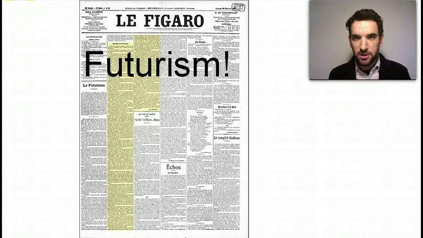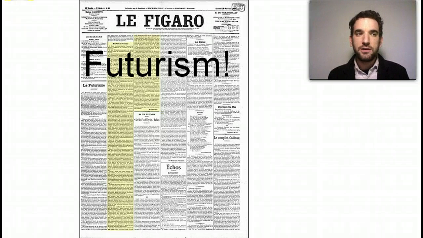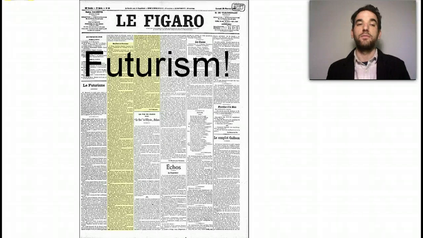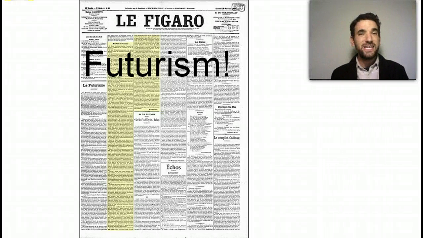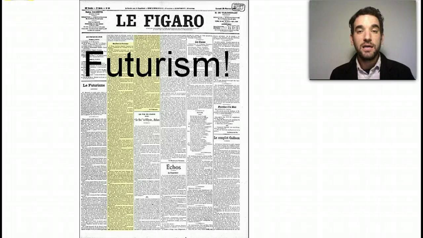And it was such a popular newspaper of the day that when Italian poet and rebel Marinetti wrote a manifesto for a new kind of art, but also more specifically a new kind of writing, he sent it directly to Le Figaro and asked them to publish it on the front, which they did on the front page.